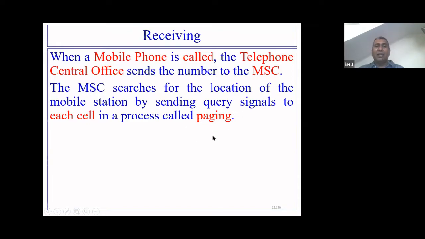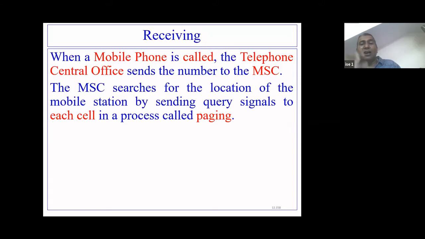So paging is what happens when a caller calls through his mobile phone to a person having a mobile phone in some other city. The signal will be sent to the base station, to the MSC, from the MSC to the telephone central office, and from there to the Chennai telephone central office, and from there to the MSC, and the MSC in Chennai will search for the location of the mobile station.